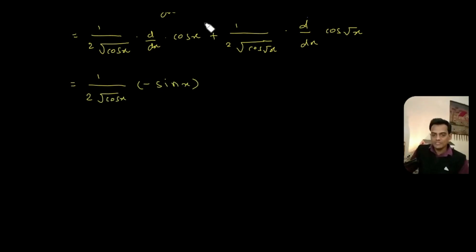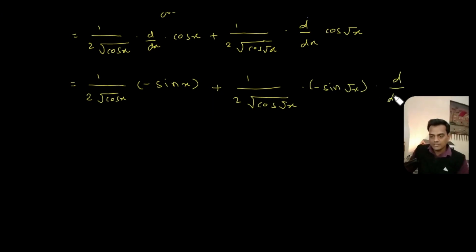So the derivative of the first term is over here, and then the derivative of the second term is 1 upon 2 square root of cos square root of x into, now the derivative of this cos is minus sine, and then the derivative of the square root of x, the third function.